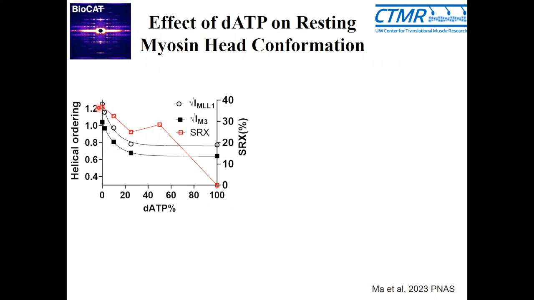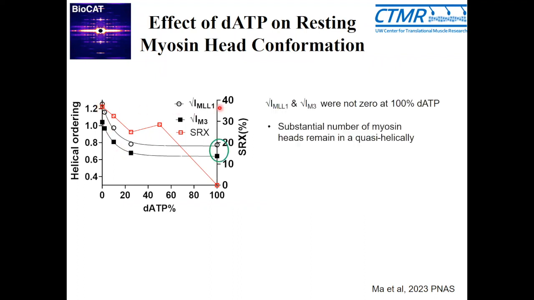This is the helical ordering. The square root of the diffraction intensity is directly proportional to the number of heads. So this is the number of heads in the helically ordered state, and this is the data from previous publications that shows the percentage of SRX/DRX as deoxy ATP increases.